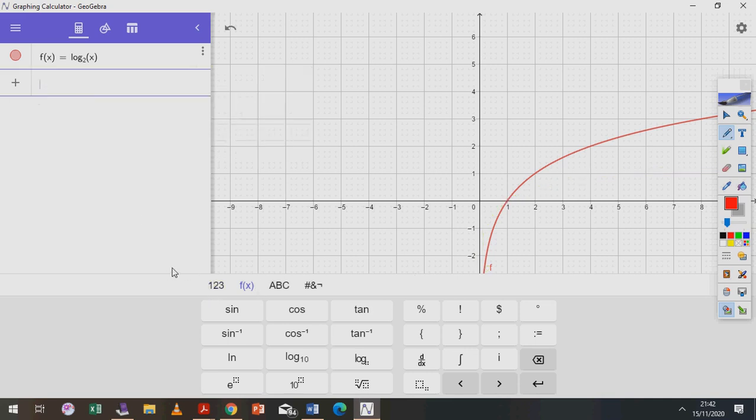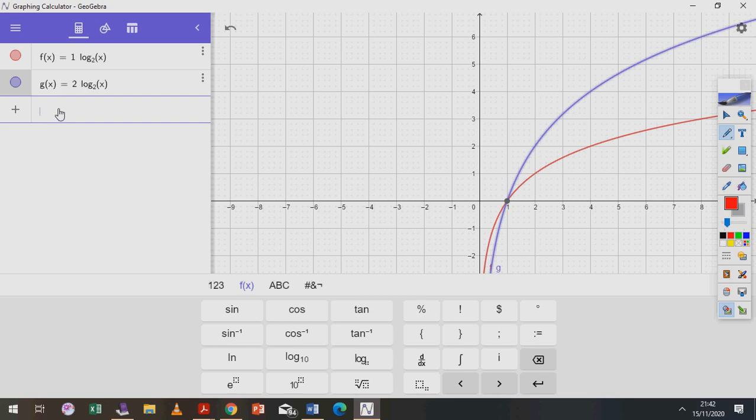The a value in this equation is just 1. So let me try to change the a value here to something like 2. It's the same base because it's the same logarithm of x. And I hope that shows it better, that the blue graph is stretched vertically by a factor of 2.